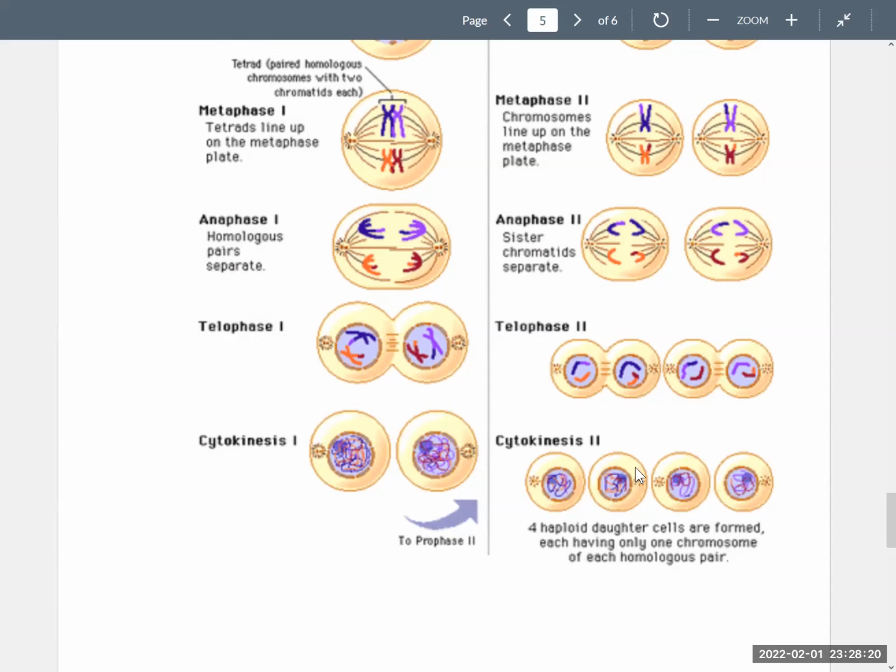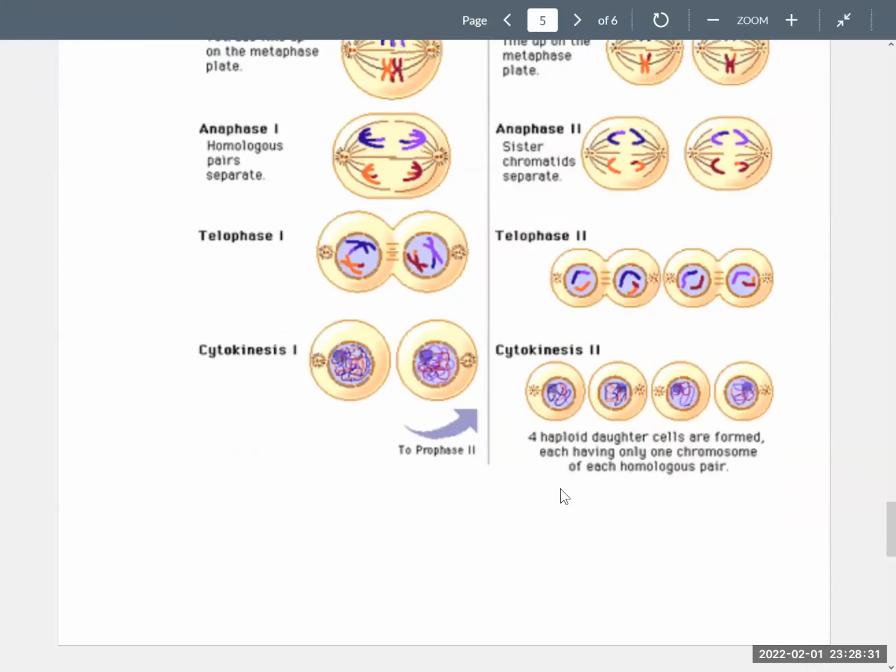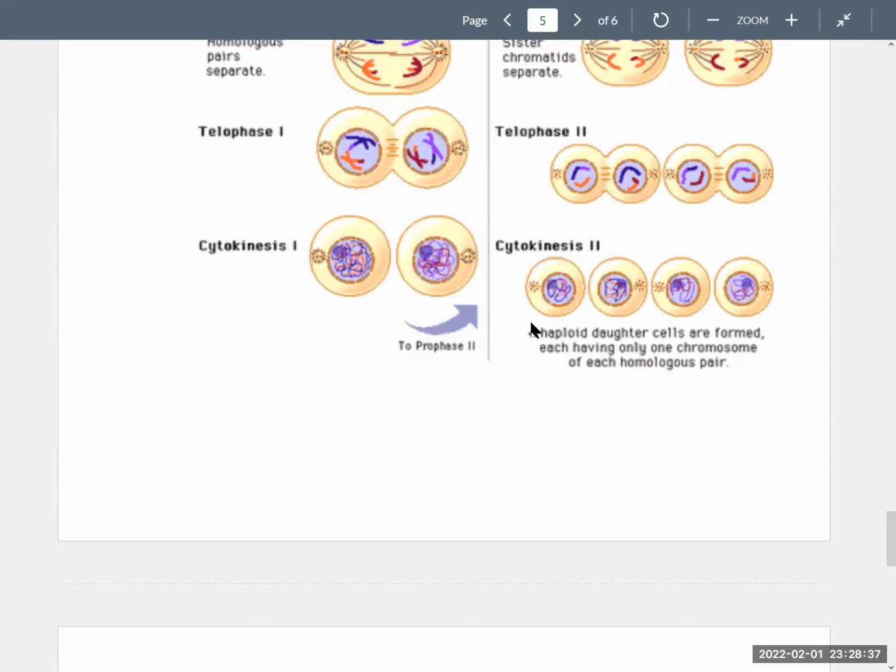The result after cytokinesis, which is the splitting of the cell, is a haploid number of chromosomes, 4 daughter cells, each having one set of chromosomes, a complete set. Reduction has occurred. We don't have 2N, we have 1N.